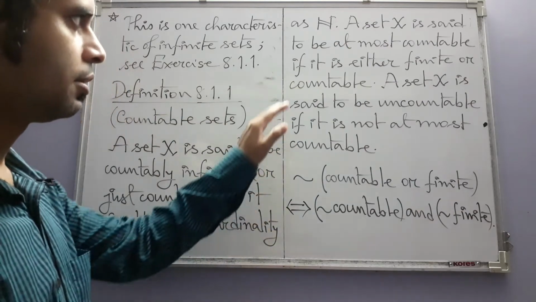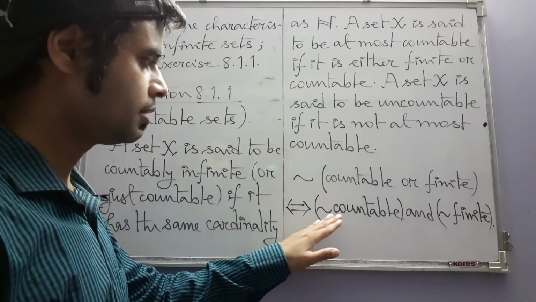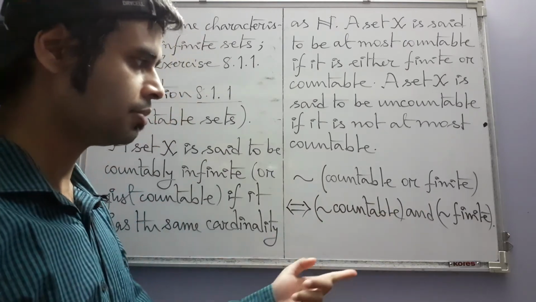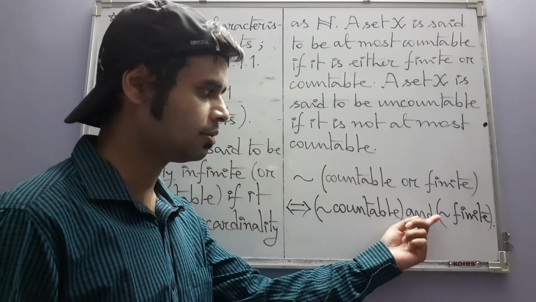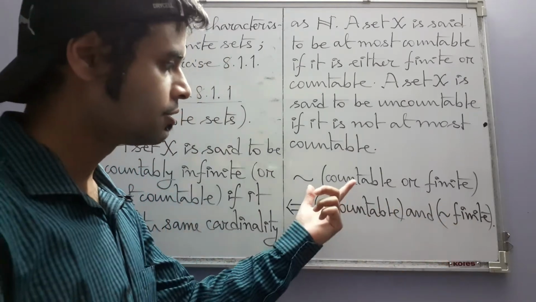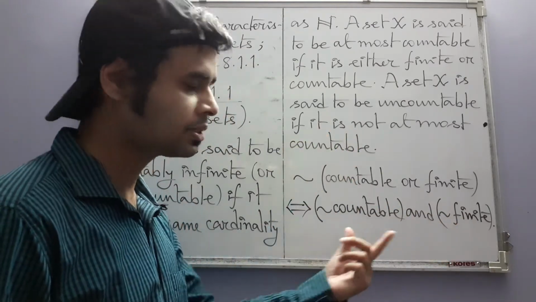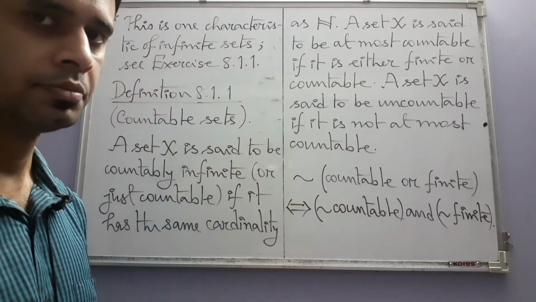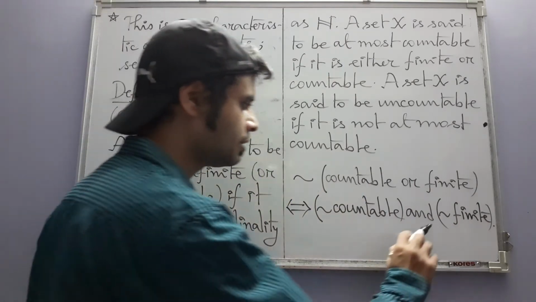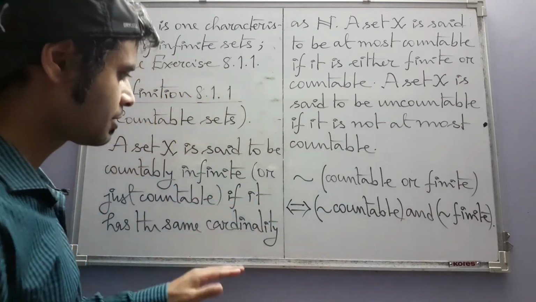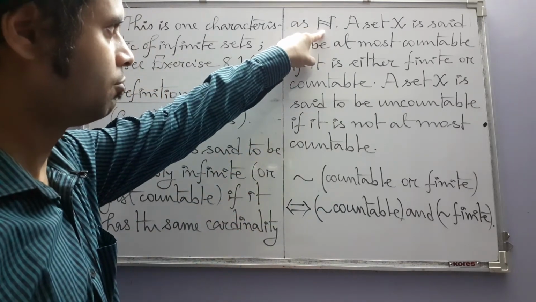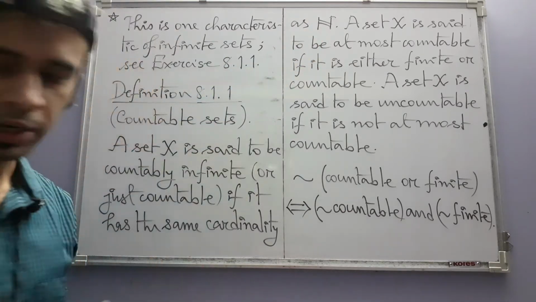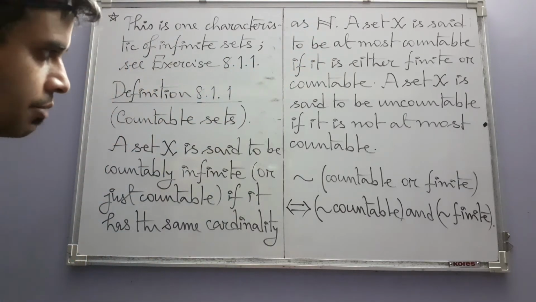That means an uncountable set is a set which is neither countable nor finite. Not finite means infinite. So it's an infinite set. An uncountable set is an infinite set which is also not countable. Okay, that means it's an infinite set which does not have a one-to-one correspondence with n. So let's just write that equivalent statement also.